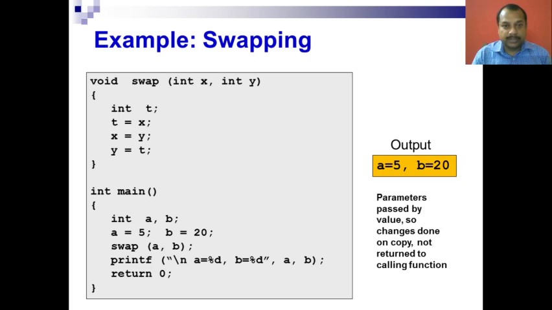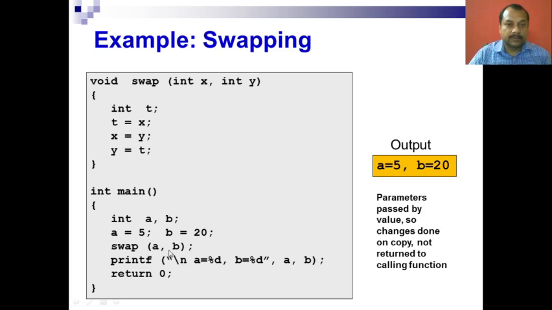I am demonstrating that, but clearly this is one of the primary limitations of call by value: the changes which are made in a function, if I wish to retain them in the calling function, will not be retained. Now the change I wish to make here is, instead of a and b, I will pass the address of a and address of b.